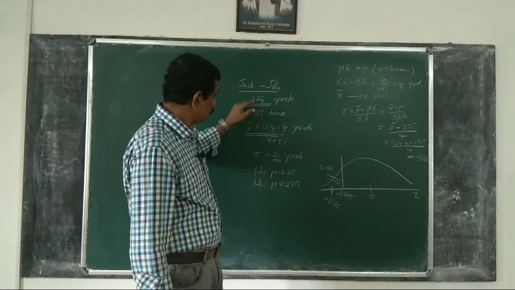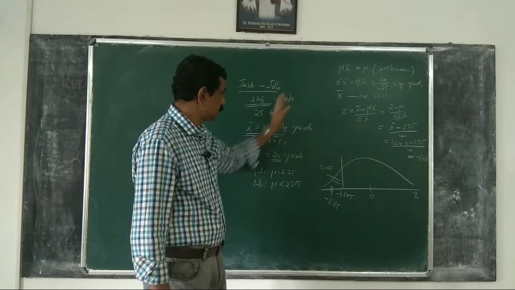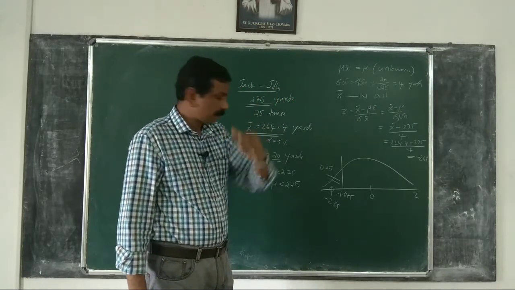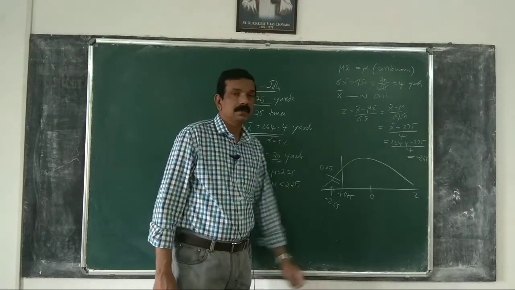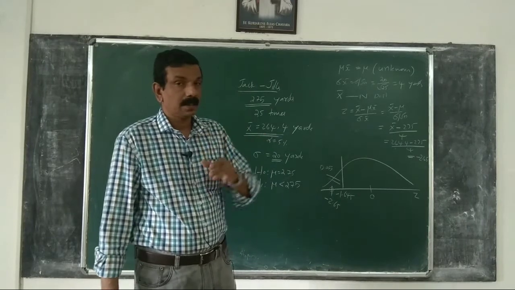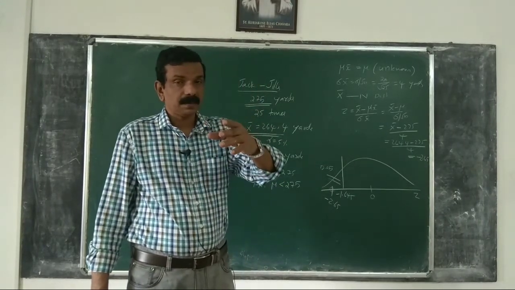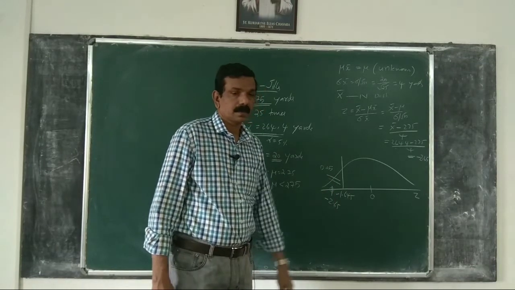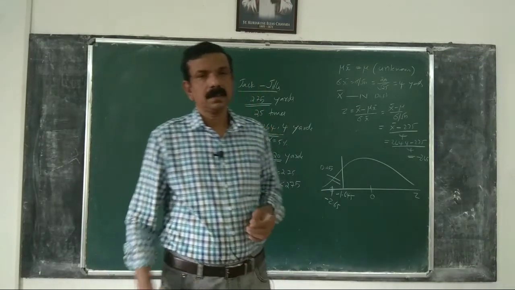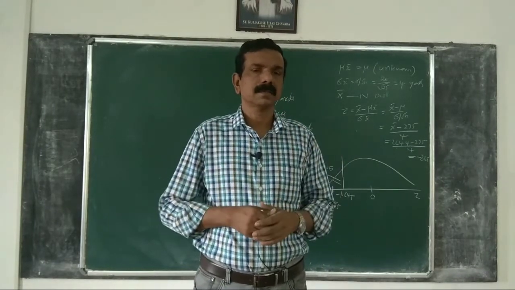And what we say is the mean distance of jacks is less than 275. The null hypothesis is rejected. And when we reject the null hypothesis, the probability of rejecting a true hypothesis is only 5%. So we can reasonably conclude that the null hypothesis is not correct.